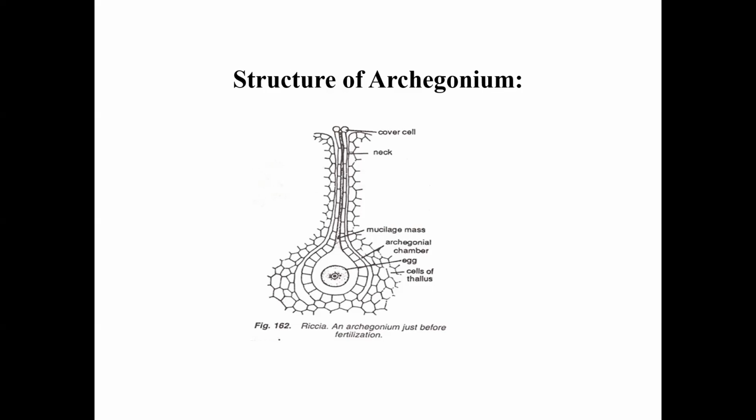The venter encloses a venter canal cell and a large egg. The venter canal cell disintegrates on the maturity of the archegonium, and only the large egg remains there. So this is the structure of the mature archegonium.